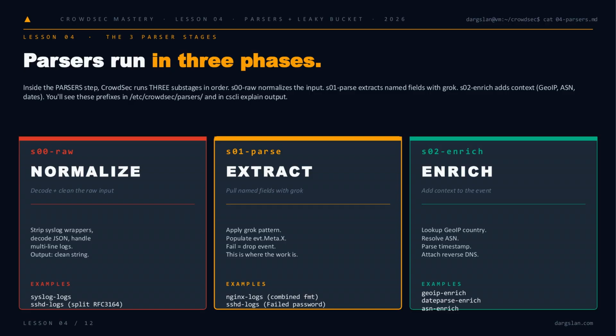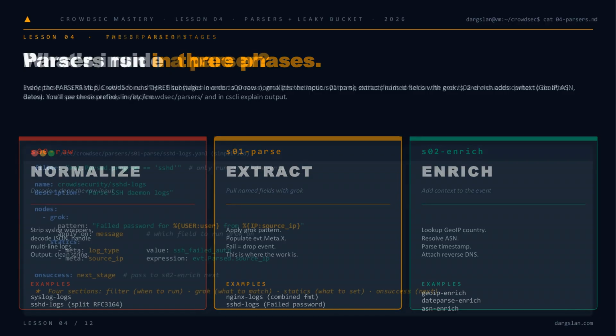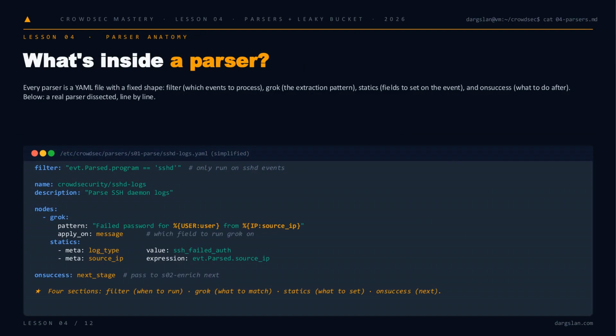Then s01-parse does the real work, applying a Grok pattern to pull out named fields like source IP or username and populating evt.Meta. If Grok fails here, the event is dropped. Finally, s02-enrich layers on context: GeoIP country, ASN lookup, timestamp parsing, reverse DNS. Same order, every time.